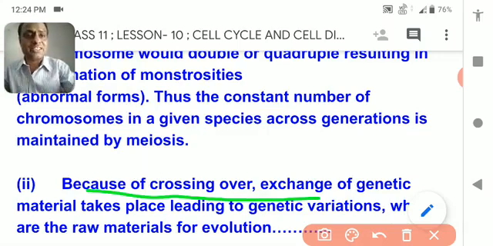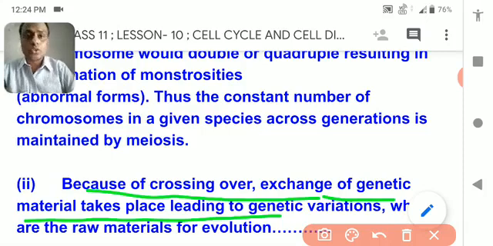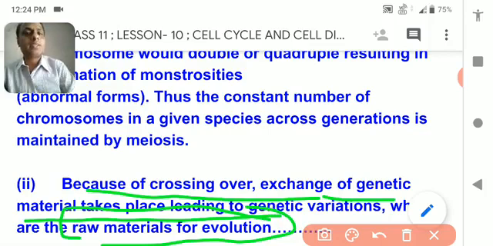This variation is caused due to genetic material exchange, that is crossing over, and this crossing over can take place only in case of meiosis cell division. So it is also a raw material for evolution, because the variation helps in better survival in the environment, thus it provides evolution.